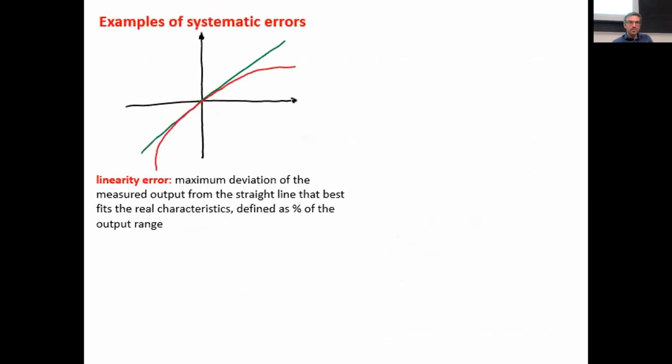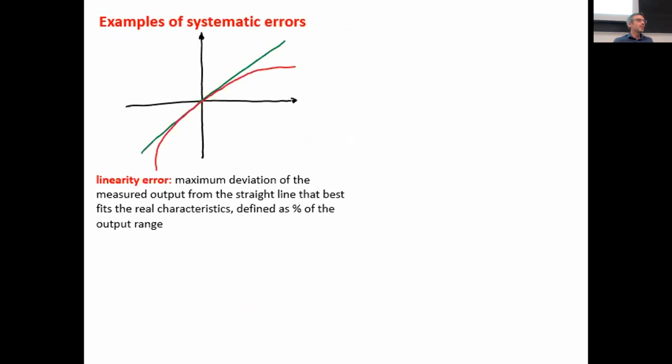Then another example of systematic errors is the linearity error, which is the maximum deviation of the output from a straight line that defines the real characteristic. In general, all sensors are designed and built to be linear because we are not masochistic people.